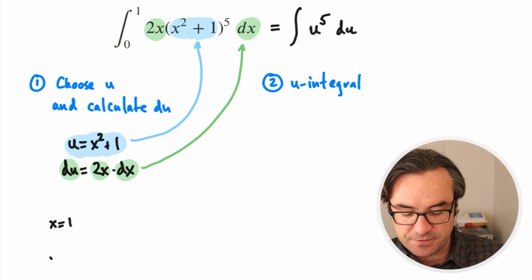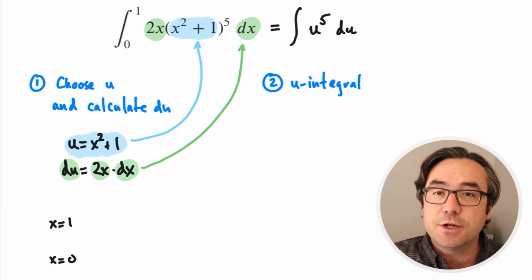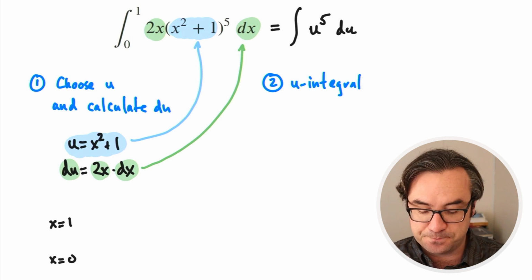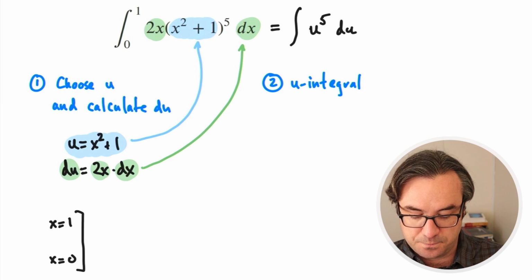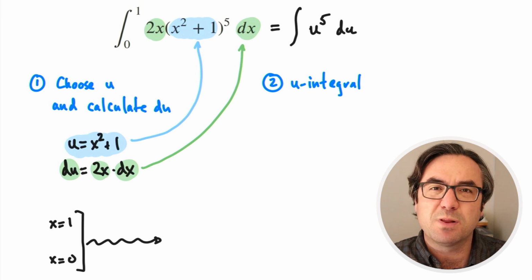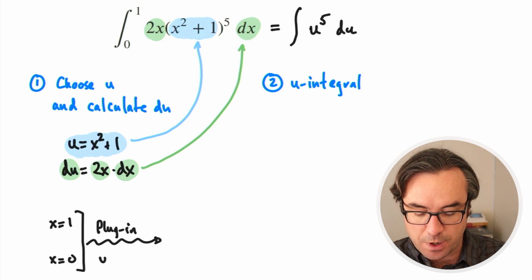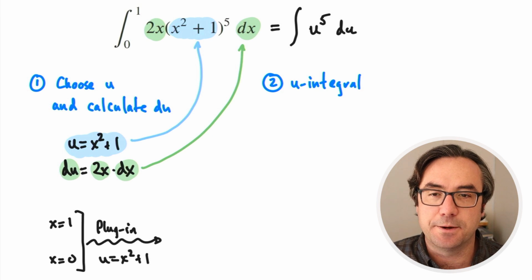Let's write down our limits of integration: x equals 0, x equals 1. All we're going to do is plug these into what we said u is equal to, our equation for u, x squared plus 1.